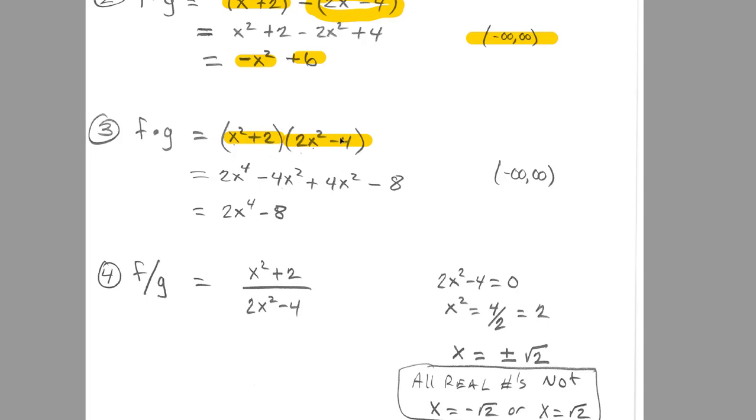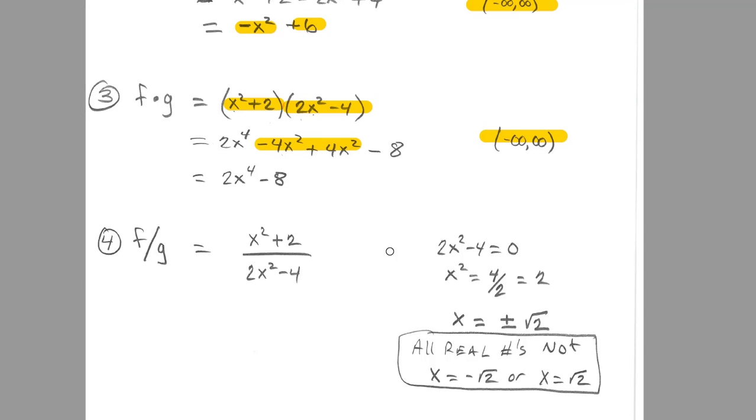And 2 times negative 4 is negative 8. When I simplify it, I see that these two terms, minus 4x squared and plus 4x squared, become 0, and I'm left with 2x to the 4th minus 8. So f times g is 2x to the 4th minus 8. The domain of this function is negative infinity to positive infinity.